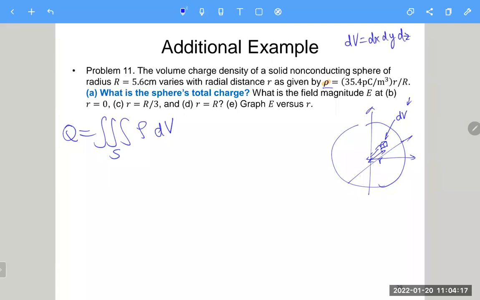But the lower and upper bounds will be difficult to write because the integration will look something like from 0 to r squared minus x squared minus y squared, and then integration for something else, and then another integration. This will be very difficult, or maybe even a square root of r squared minus x squared minus y squared, something like that.